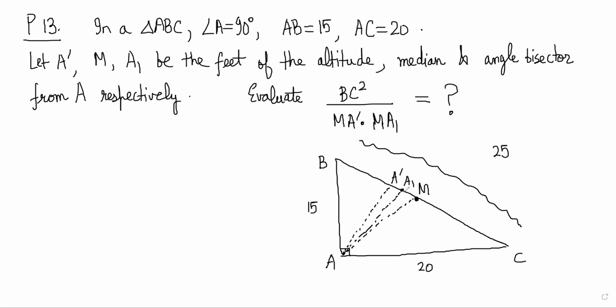I don't know right now whether A1 is in the middle of A dash and M or whether it is on the other side, right? Is everyone understanding what I'm saying? Yes, sir. So now you can think about what you will do.